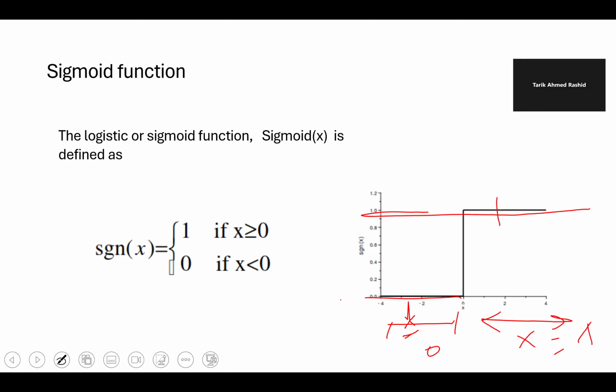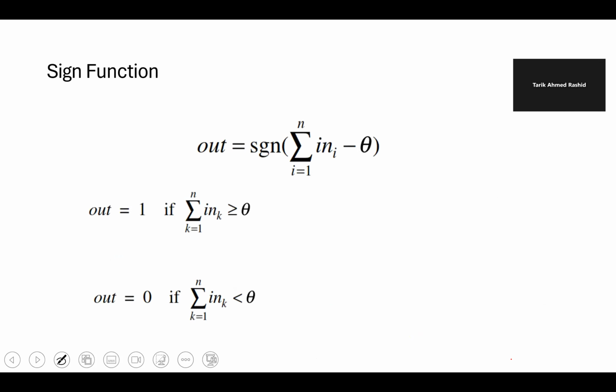Anything here will be 0, and anything there will be 1. So it is classified as 1 or 0. The output would be 1 if the net is greater than the threshold theta. Otherwise, the output is 0.